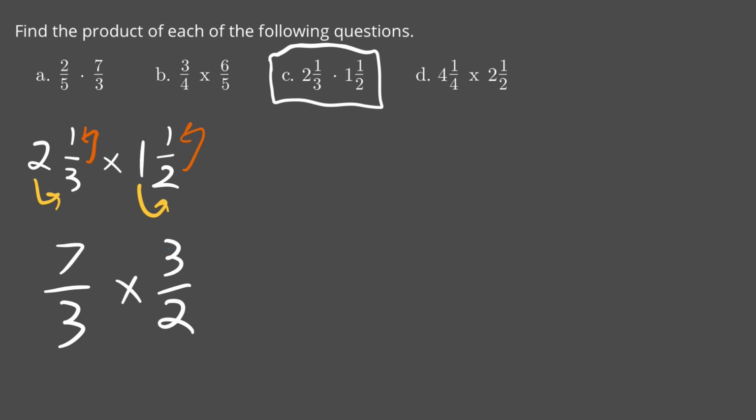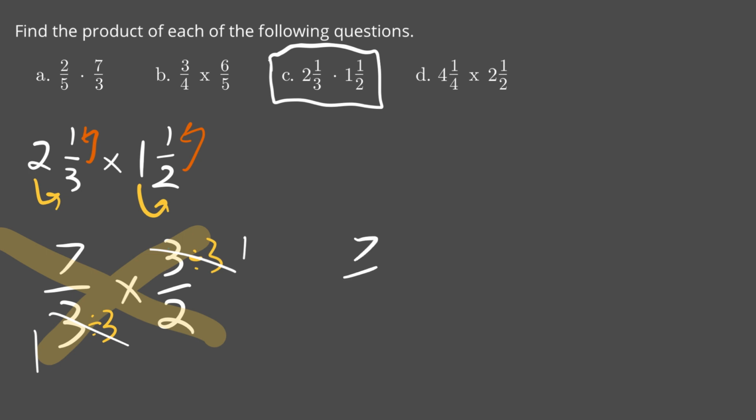Now this looks just like part B. We will check the diagonals and see if they can be simplified. 7 and 2 cannot, but 3 and 3 can. They both share a common factor of 3. So we will divide by 3 for both of them. And that cancels to give us 1 and 1. We can rewrite this.